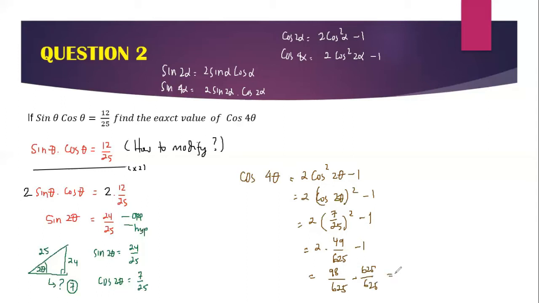Yes, sir. So the answer is minus 527 over 625. Very easy, right?